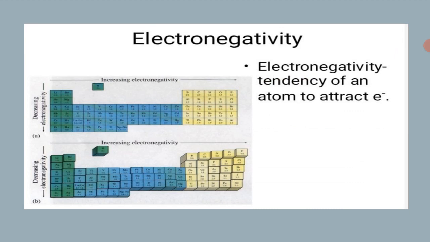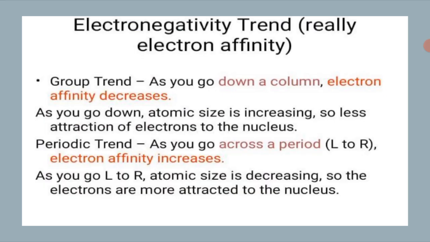Then we come to electronegativity. Electronegativity is the tendency of an atom to attract electrons. Along the group, as we go down a column, electronegativity decreases.